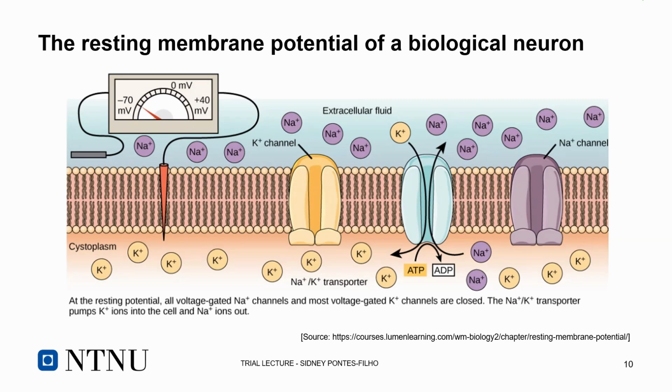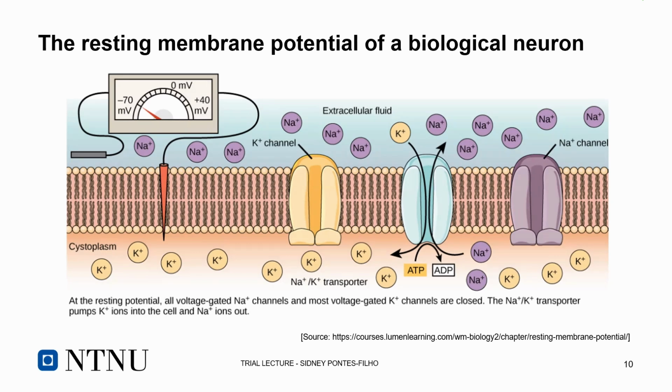The neuron needs to expend energy. In the outside part of the neuron, we have more sodium ions than potassium ions. It's mostly sodium ions, but the internal part of the cell is mostly potassium ions. And we have some potassium channels and sodium channels.